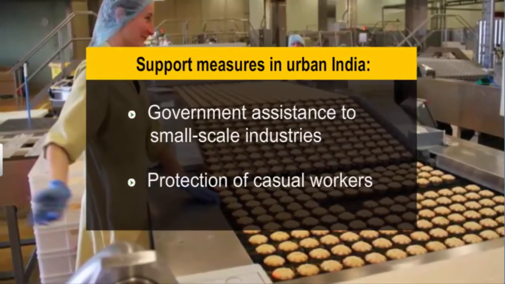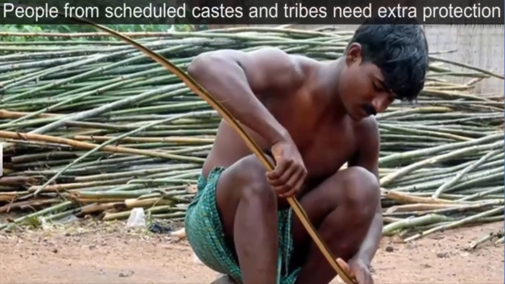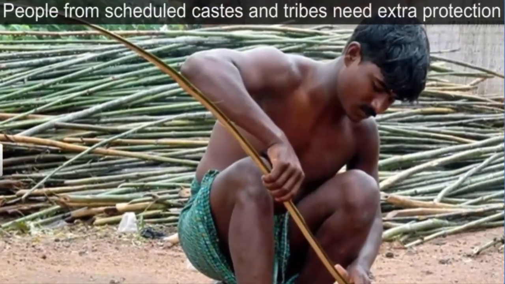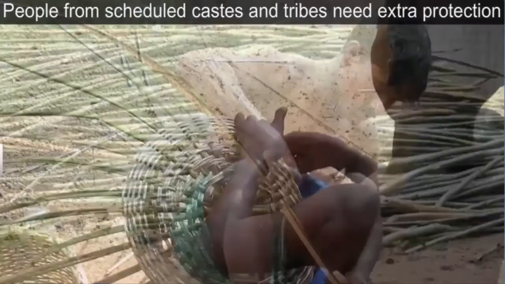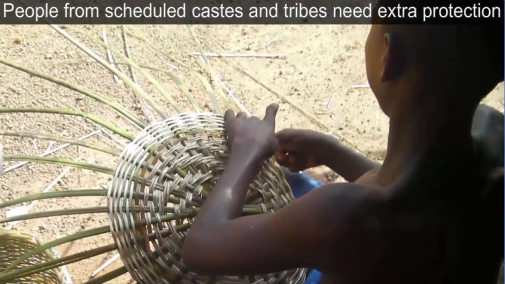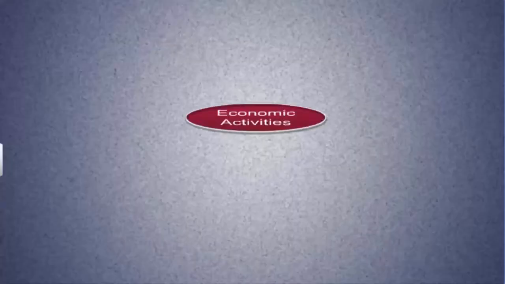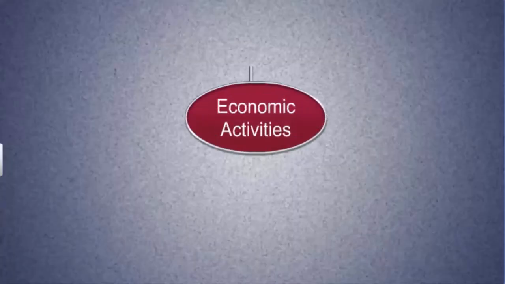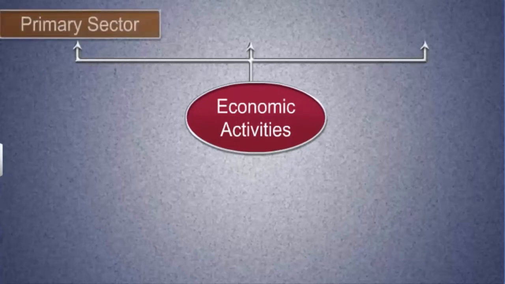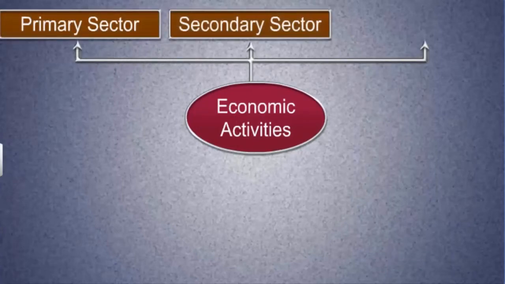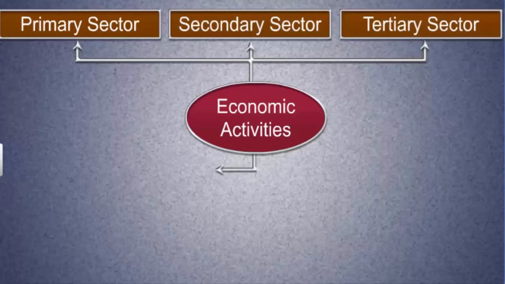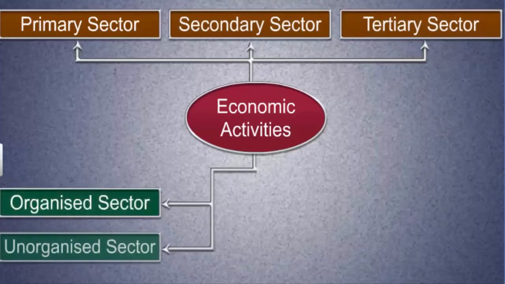People from the scheduled castes and tribes need extra protection as they also face social discrimination besides the other disadvantages of the unorganized sector. You have already studied about the classification of economic activities into primary, secondary, and tertiary sectors, and organized and unorganized sectors.